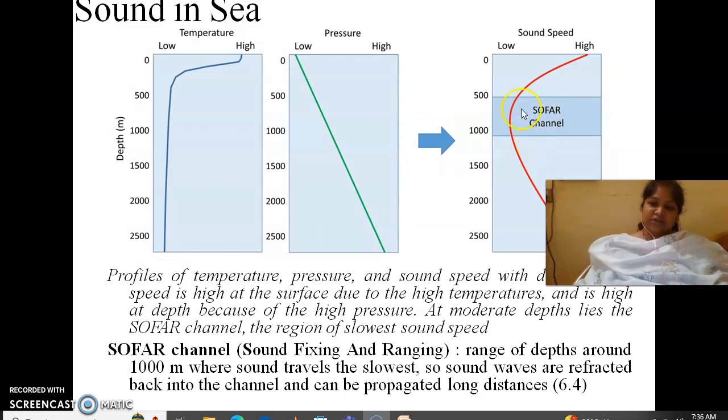And this channel is called the SOFAR channel, that is the sound fixing and ranging channel. So if some sound is produced here, it will go up and be reflected here, because sound can't travel from a lower density to a higher density, so it will reflect back. Similarly it happens at this depth of 1000 meters.